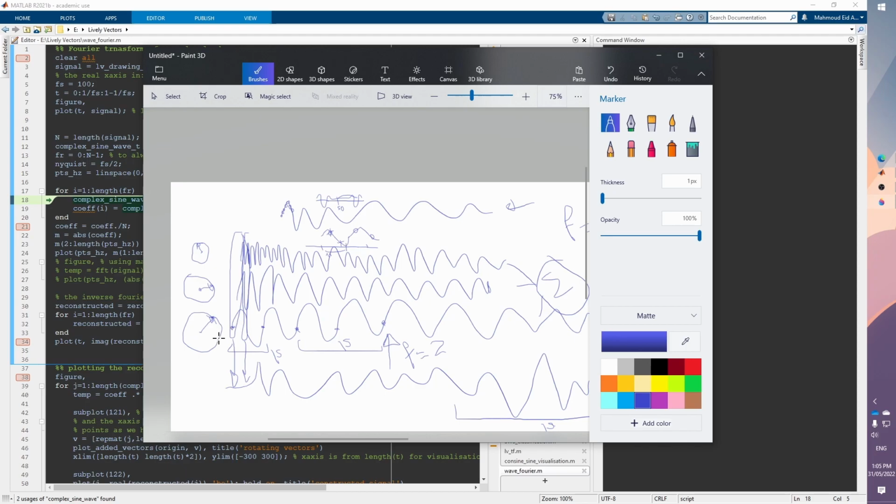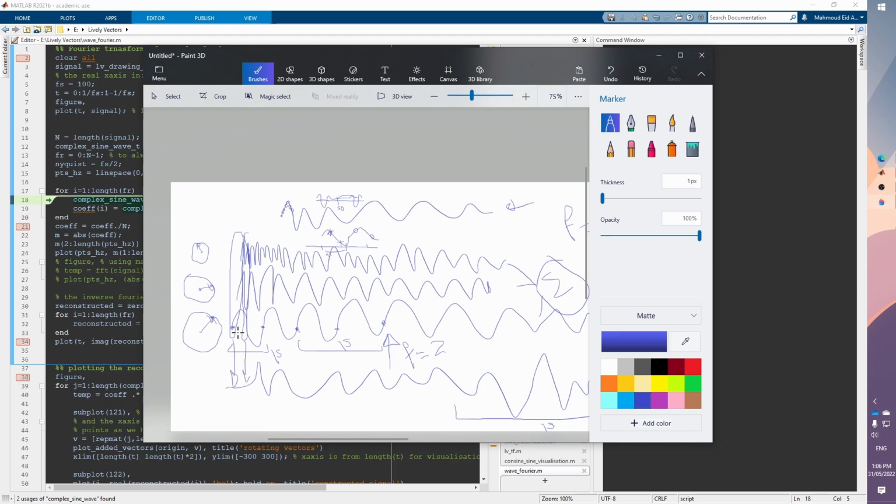Okay, so back to our vectors, and I really like to represent them like that, because we now know that our waves are actually vectors, and these vectors are rotating inside this circle.